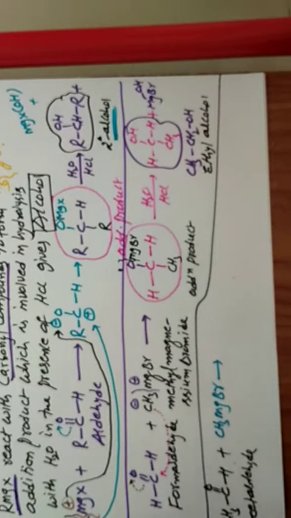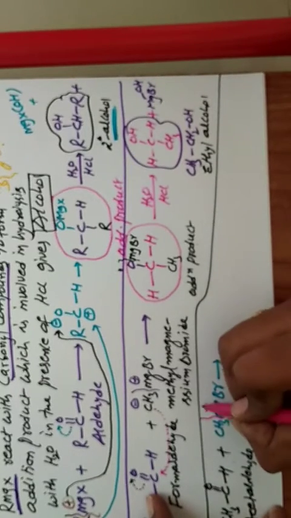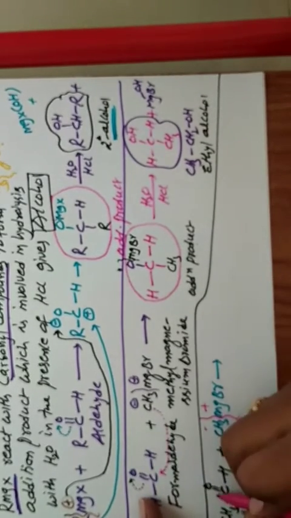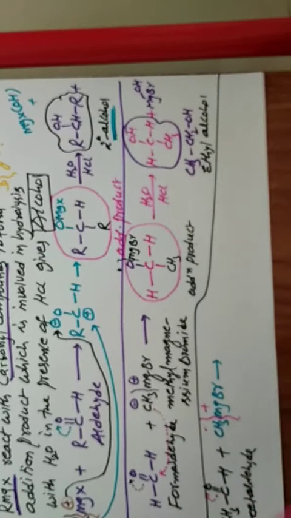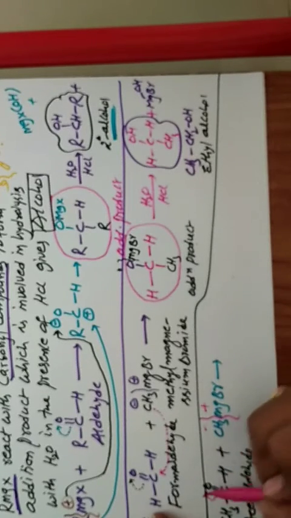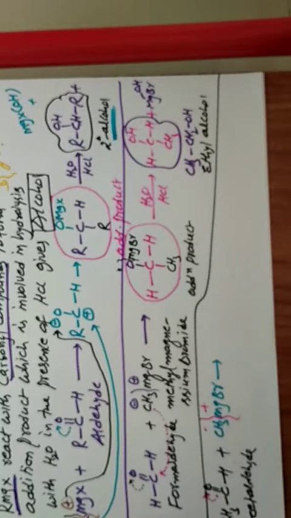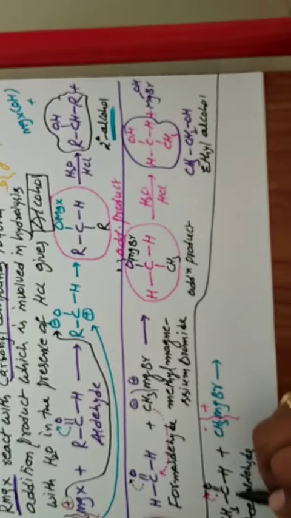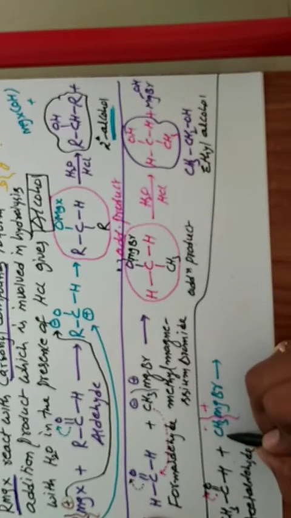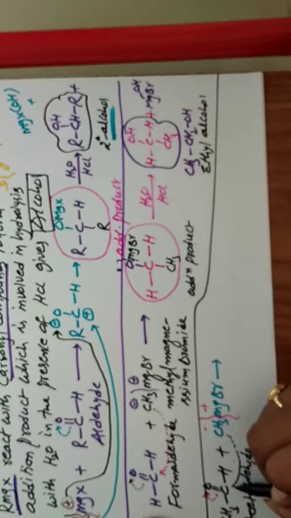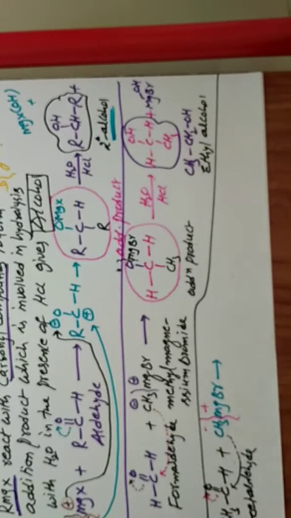So here two parts are there, positive part and negative part. Here also two parts are there, oxygen getting negative, carbon getting positive. So this negative part is attached to the positive carbon, and this is attached to oxygen.